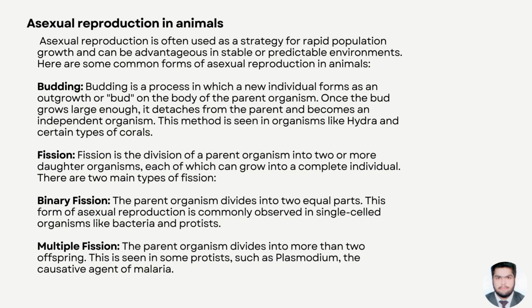This form of asexual reproduction is commonly observed in single-celled organisms like bacteria and protists. Point 2, multiple fission. The parent organism divides into more than two offspring. This is seen in some protists such as Plasmodium, the agent of malaria.